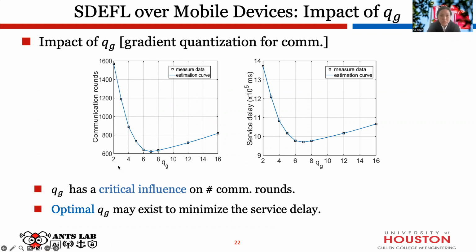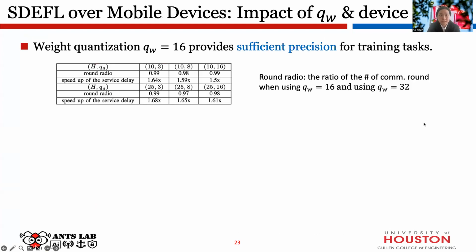So a small quantization level increases the communication rounds and also extends the service delay. According to this observation, we also find there exists an optimal value of quantization level to minimize the service delay.